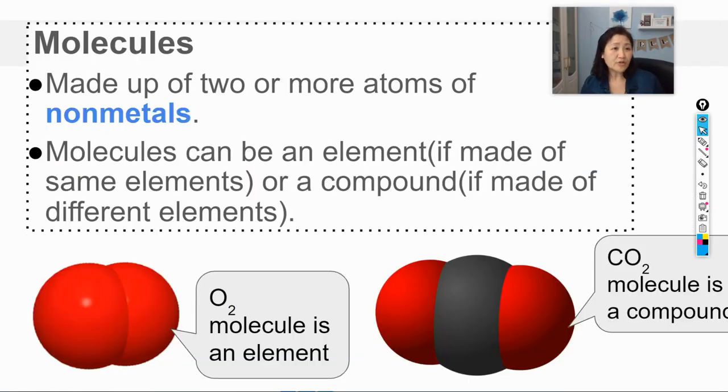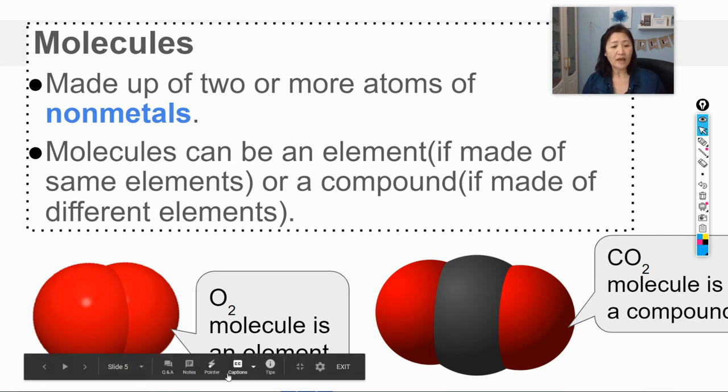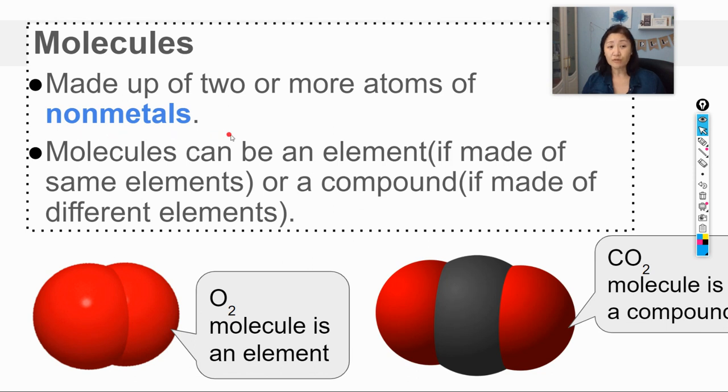And there's also another term called molecules that we frequently use. Molecules refer to a group of atoms. Molecules are made up of two or more atoms, and they have to be made up of nonmetals.